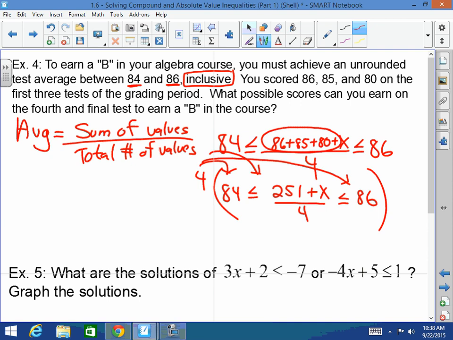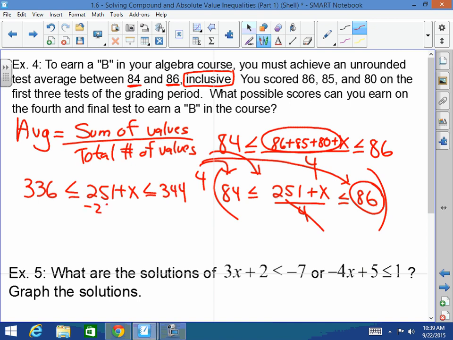4 times 84 is 336. 4 times 251 plus X over 4, the 4's cancel, so I just have 251 plus X. And 4 times 86 is 320 plus 24, so that would be 344 points.